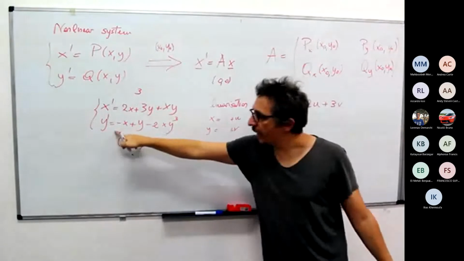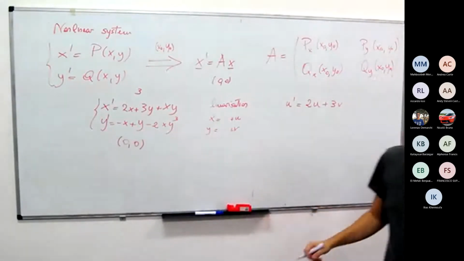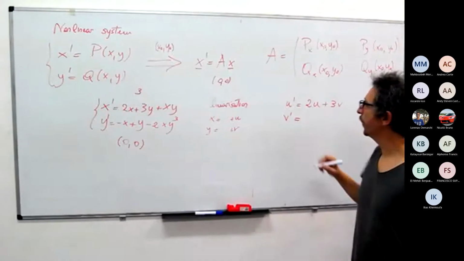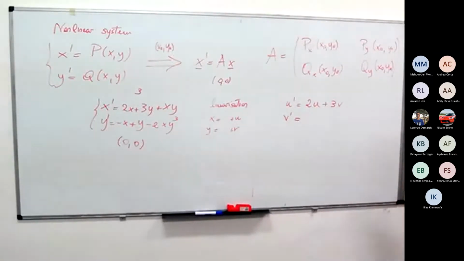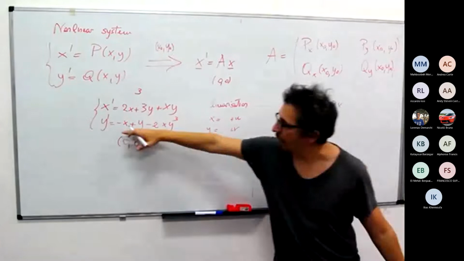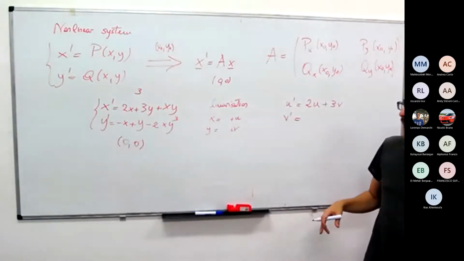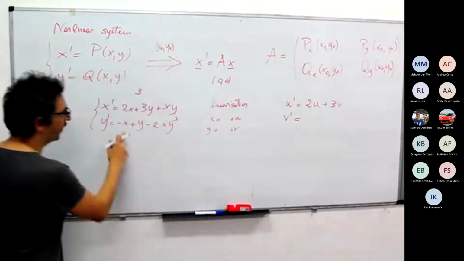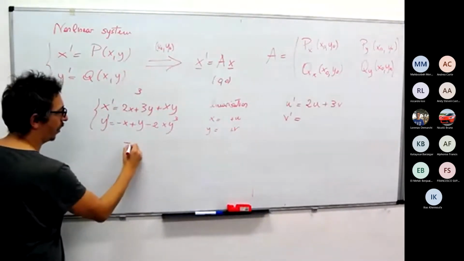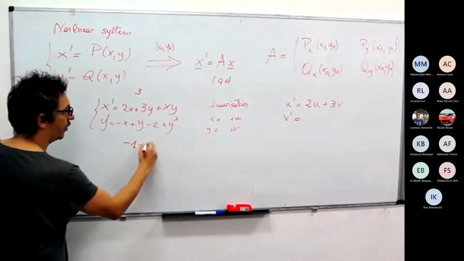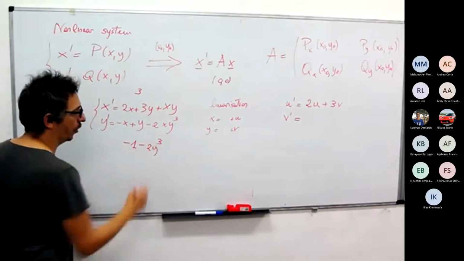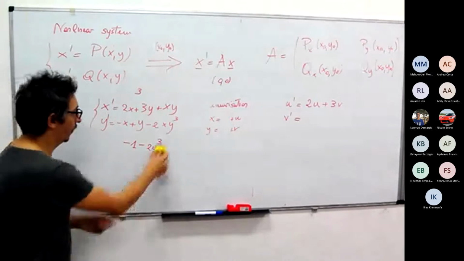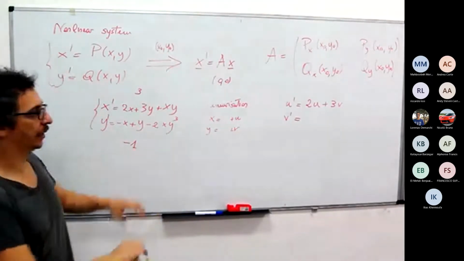I have to do the same with the second equation, the equation for y prime. So y prime is going to be v prime equal the derivative of q, so of this function here, with respect to x, evaluated in 0, 0. So the derivative of this with respect to x is minus 1 minus y cubed. But I'm evaluating in 0, 0. So when y is equal to 0, I just have minus 1.